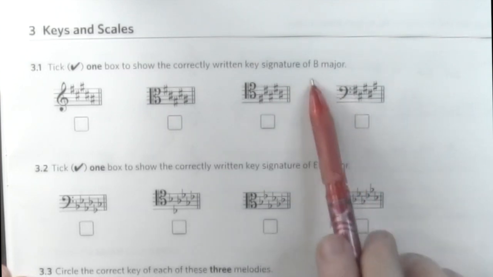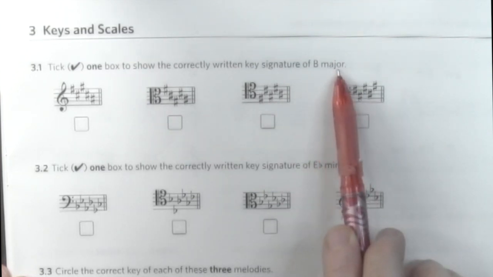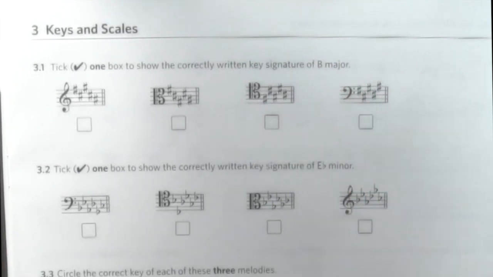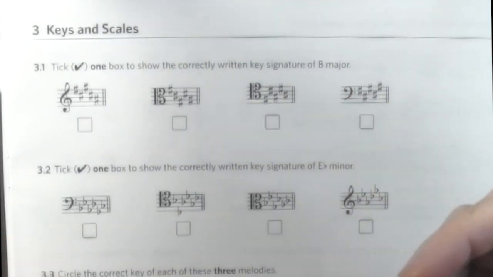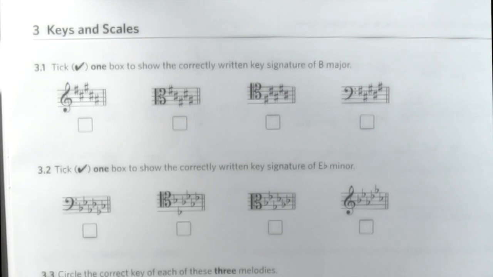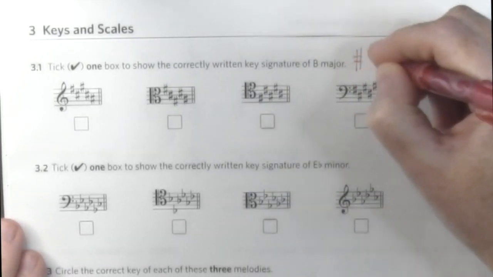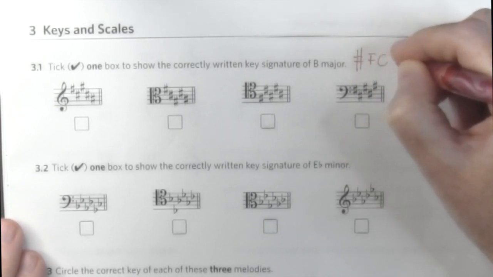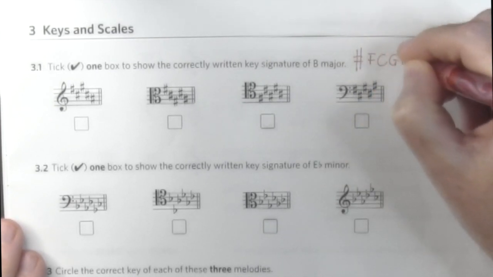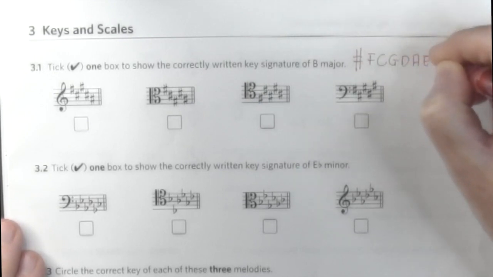Let's have a look. B major has sharps, and it has 5 sharps, and I know this because I've been doing this for many years, but this is the way for you to know it. The order of sharps and flats is Fa, Do, Sol, Re, La, Mi, Si.